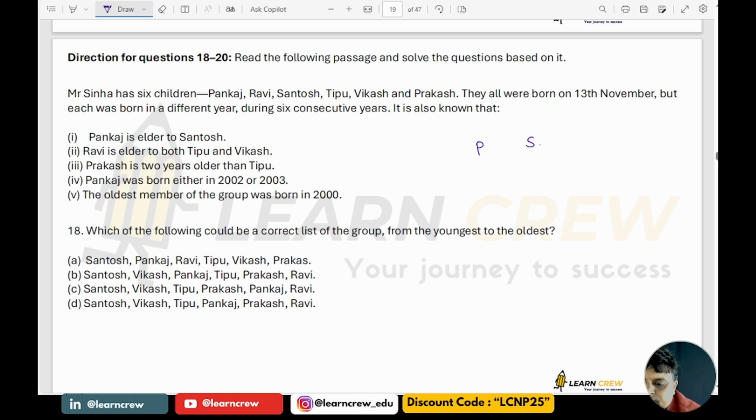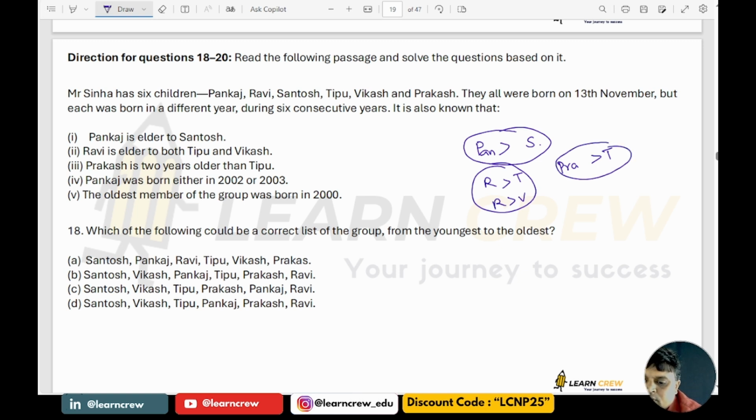Next, Ravi is elder than both Tipu and Vikash. Next, Prakash is 2 years older than Tipu.